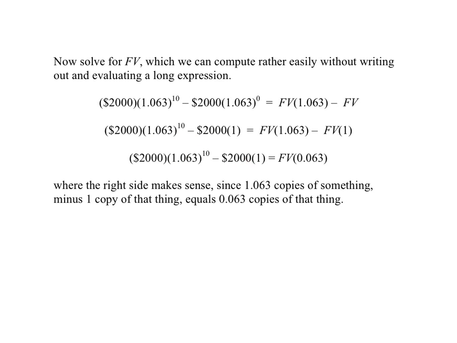No change here. But now, from this stage to the next, I have 1.063 copies of FV minus 1 copy of FV. So 1.063 apples minus 1 apple is 0.063 apples. So I've got, after the subtraction, 0.063 copies of FV.